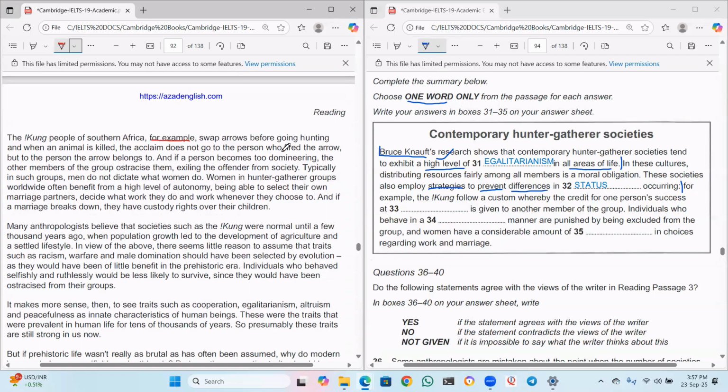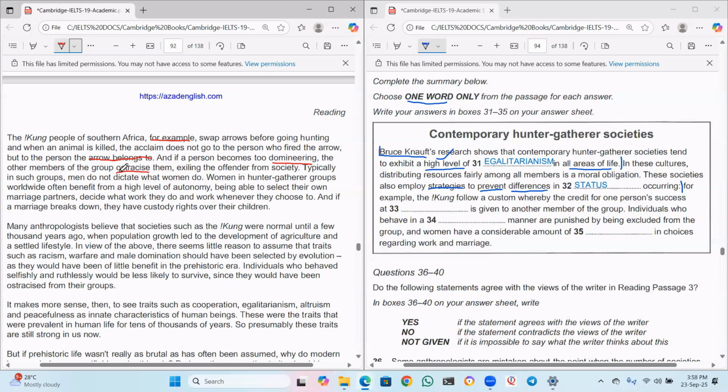Okay. Now, the Kung people of Southern Africa, for example, swap arrows before hunting. And when an animal is killed, the acclaim does not go to the person who fired the arrow, but to the person the arrow belongs to. Okay. And if a person becomes too domineering, means dominating, okay? The other members of the group ostracize them, okay, exiling the offender from the society.